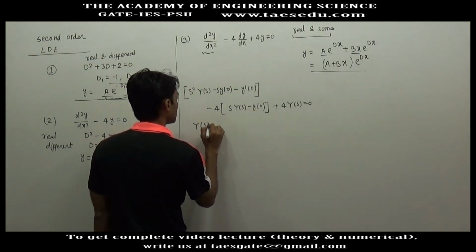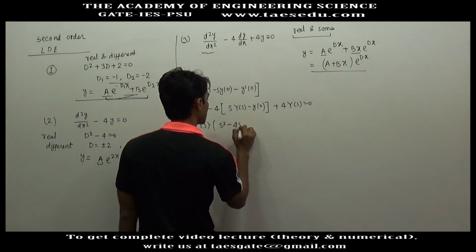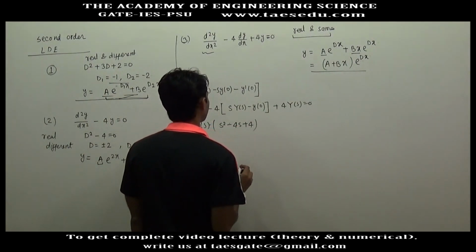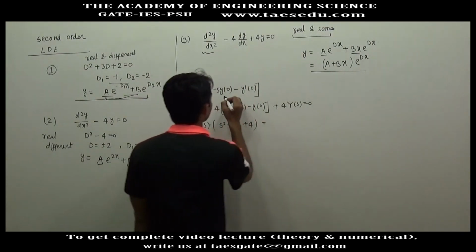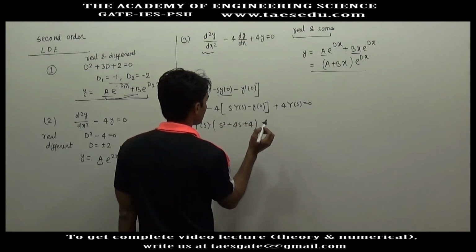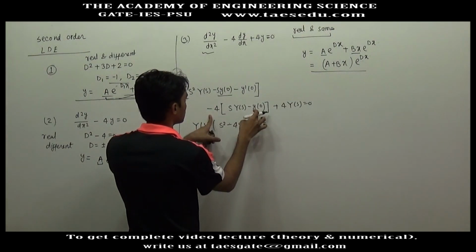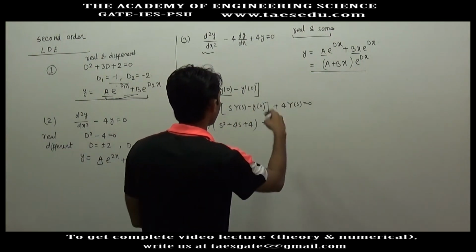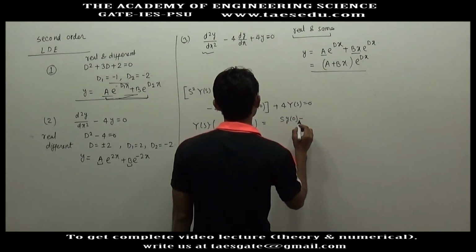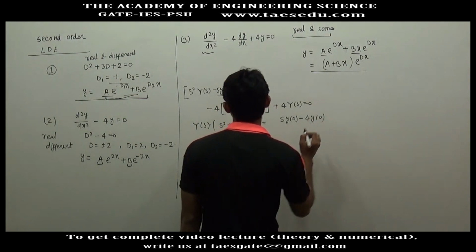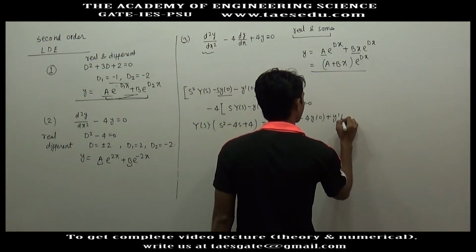If we take Y(s) common, we will have (s square minus 4s plus 4) Y(s) is equal to s into y(0), plus 4 into y(0) on the other side, so on the right side we get s y(0) minus 4 y(0) plus y dash 0.